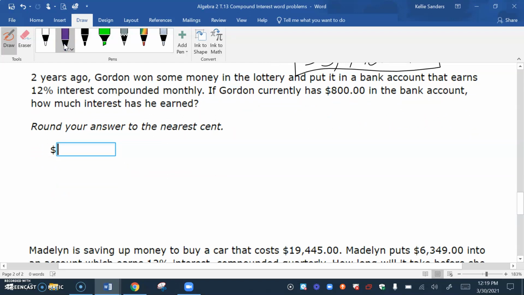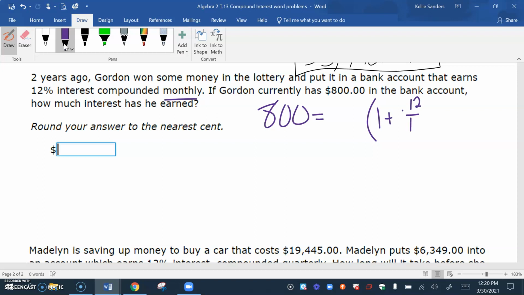2 years ago, Gordon won some money in the lottery and put it in a bank account that pays 12% interest. He currently has $800 in the account. And 1 plus 0.12, compounded monthly, so our N is 12.